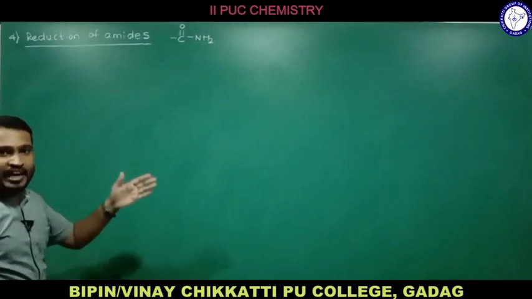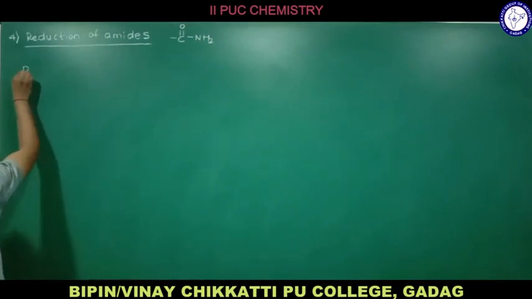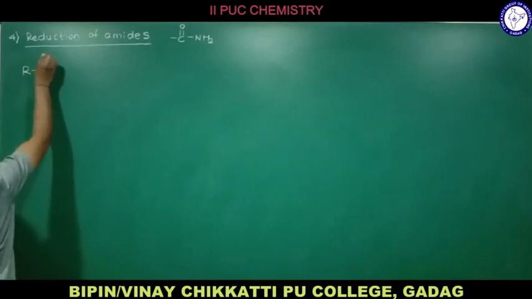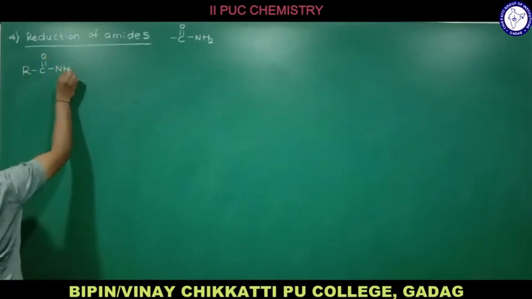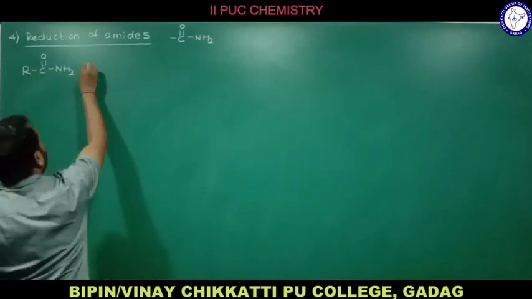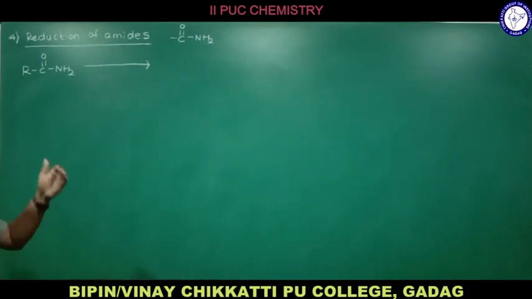Amide bond, peptide bond, the same thing. So in general we'll see how we are going to reduce that amide so that we get the respective amine. R C double bond O NH2, CONH2 we have, that is the amide. So now we have to convert this so that we get the respective amines.